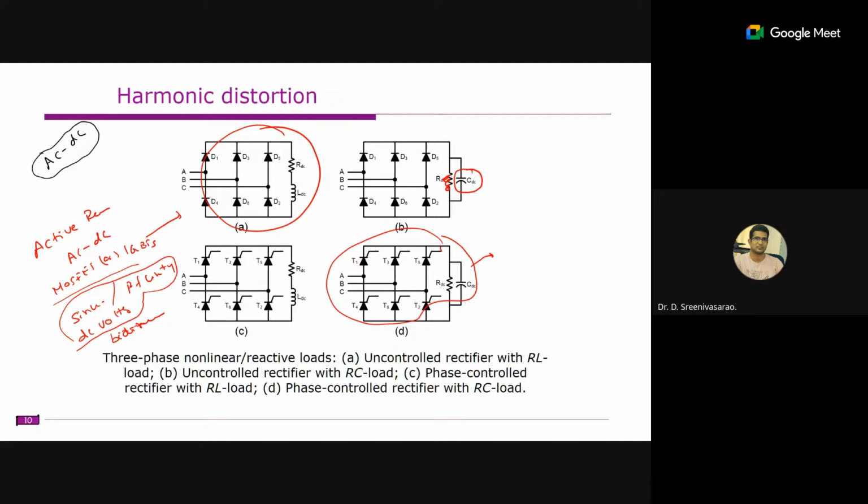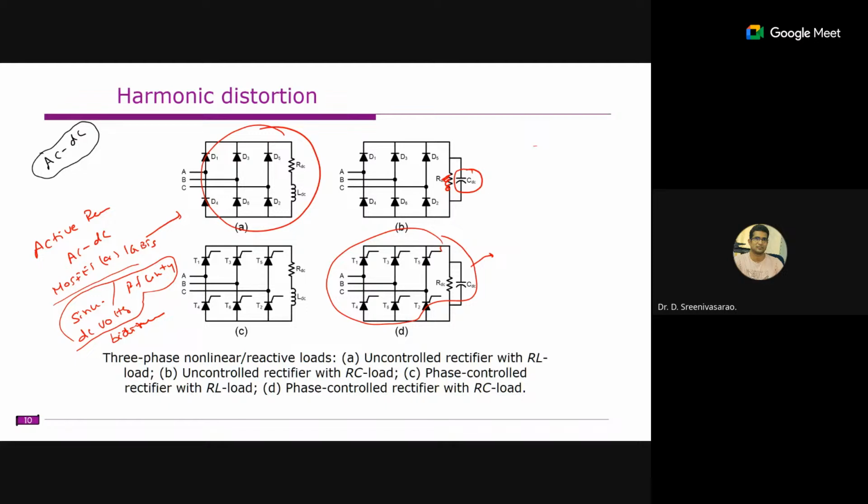So it will draw a sinusoidal current from the source, and the source current and source voltage are both in phase. That leads to unity power factor, and we can regulate the DC voltage, maintaining it at a fixed or variable value depending on your application. And it is bidirectional, so we can regenerate, meaning the power flow is from the DC side to the AC side.